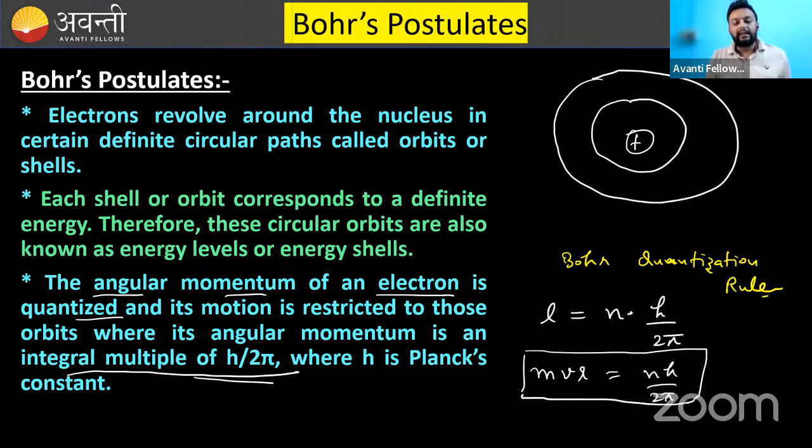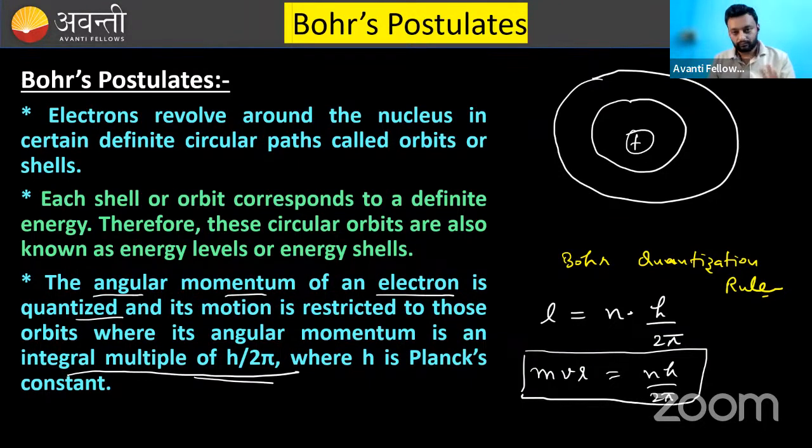Now, Bohr says that in these orbits, electrons revolving are stable and they do not radiate any sort of energy. Mark my words. The electrons revolving in such orbits are stable and do not radiate any energy.